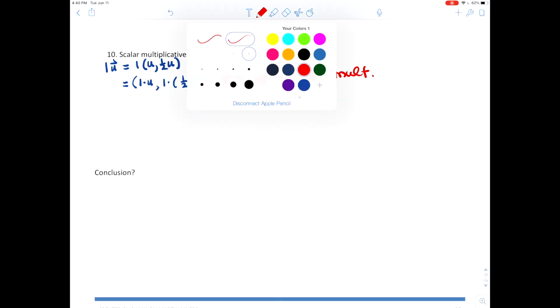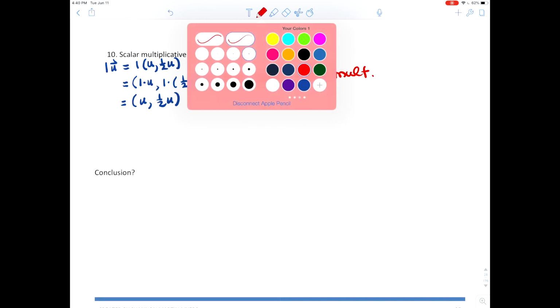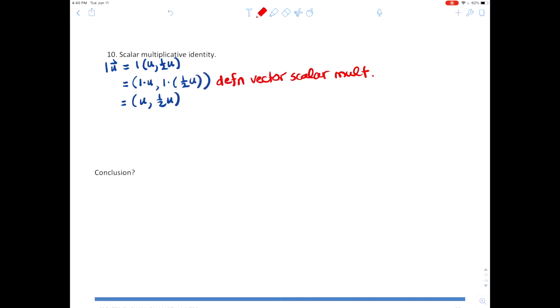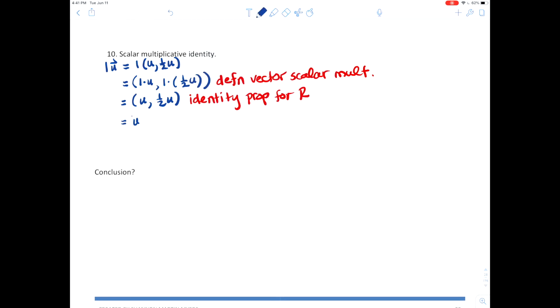And then this will be u comma 1/2 u, using some algebra, or you could call it identity property for the real numbers, the set of real numbers. And then this is just the vector u, and that's what we were trying to show.